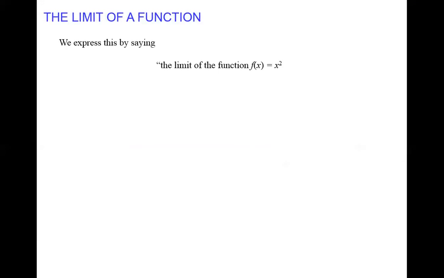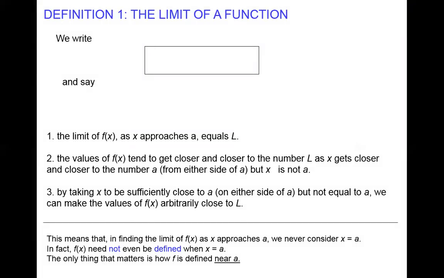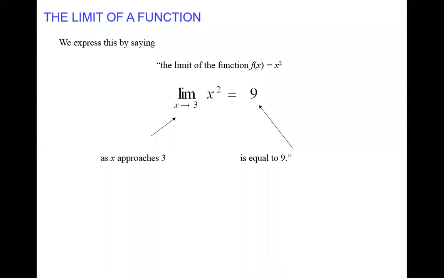And I have some description one more time. For all of the students who never had calculus, we will say it this way: we express the limit of the function f of x as x approaches 3 is equal to 9.